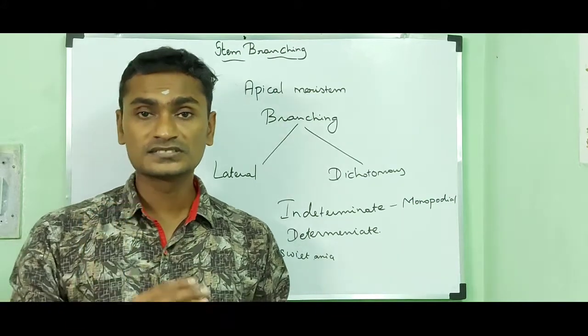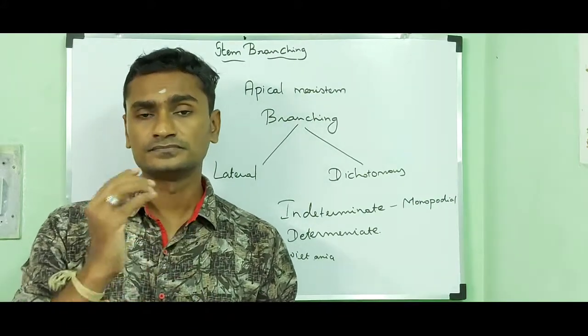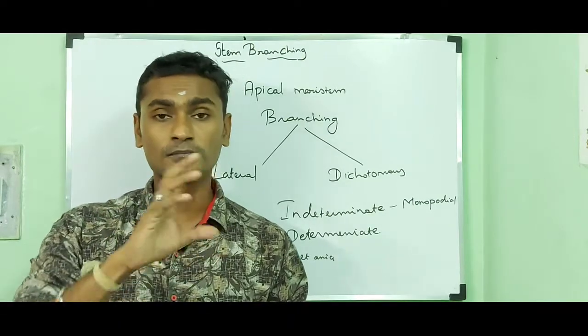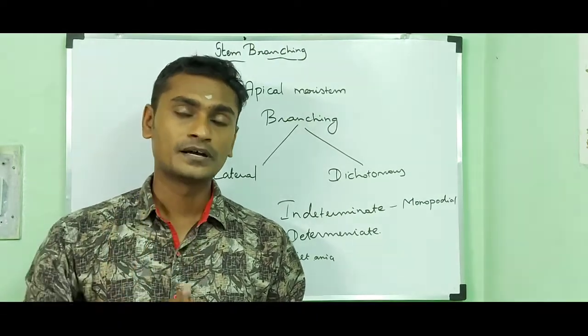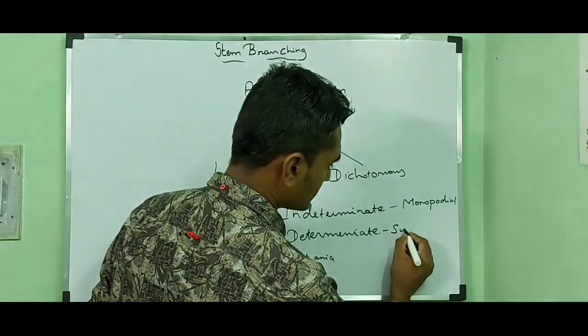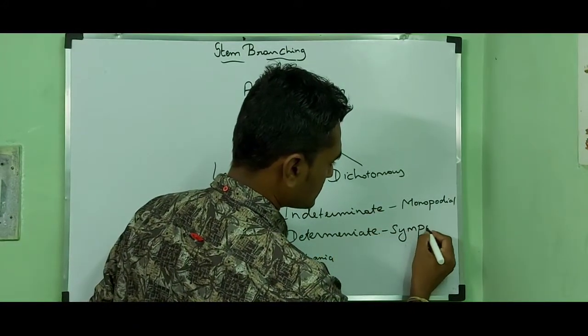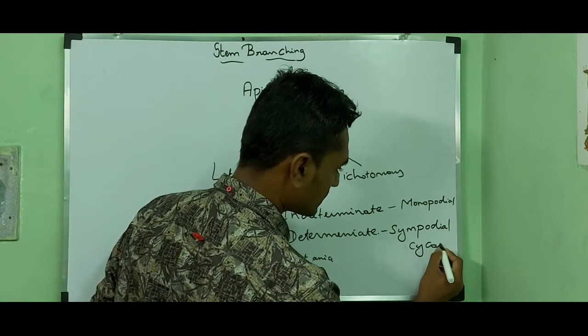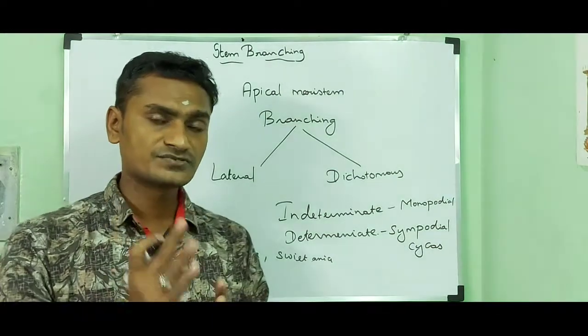Then determinate growth means the terminal bud stops its growth after a growth period, then the further growth is taken care of by the successive or several lateral meristems or buds, and this type of branching is called as sympodial branching. Example, Cycas.